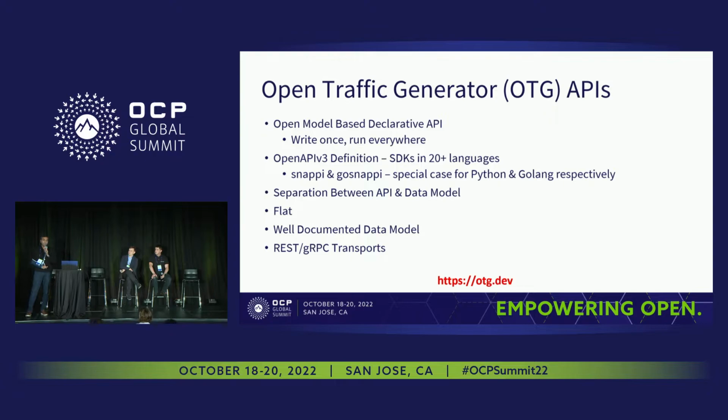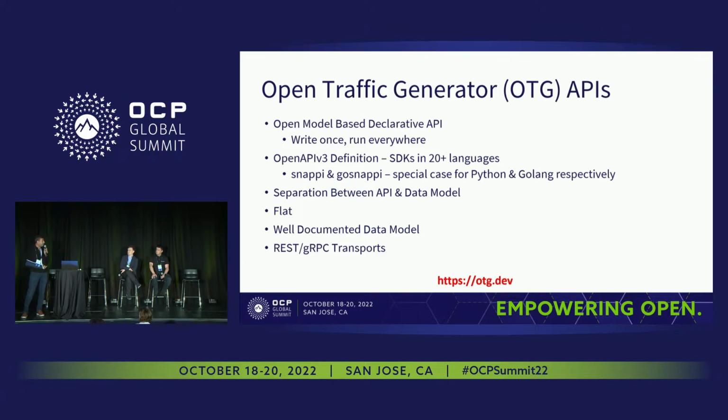Write your test cases once, run them all the way from simulation to system test cases. We ended up picking OpenAPI v3 as the modeling language for this API, which automatically gives us SDKs in any language that you would want. We went a step further and created native SDKs for Python and Golang called Snappi, which I'll talk about in a second.